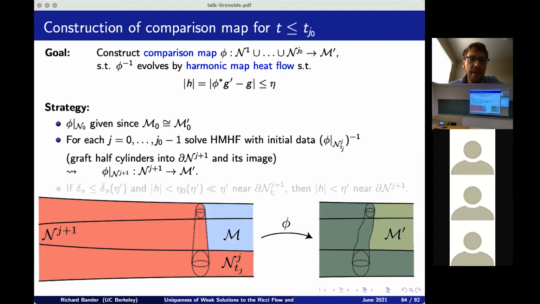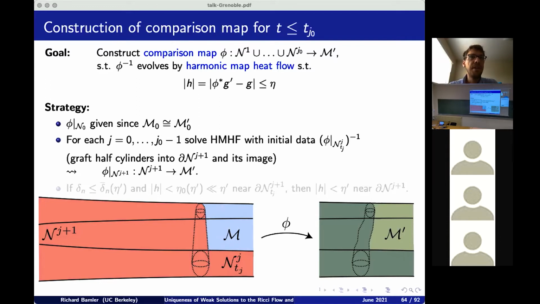The idea that we followed was to say, well, this region here looks very close to a round shrinking cylinder. So why not just cut off the right-hand side of this picture, and glue on a precise shrinking cylinder using some cutoff function.